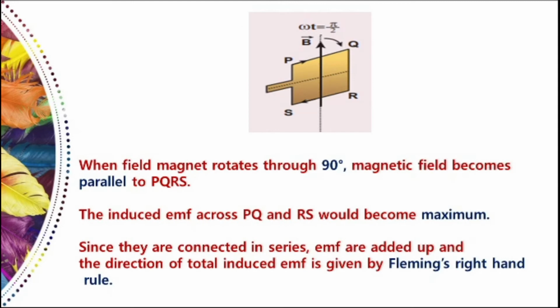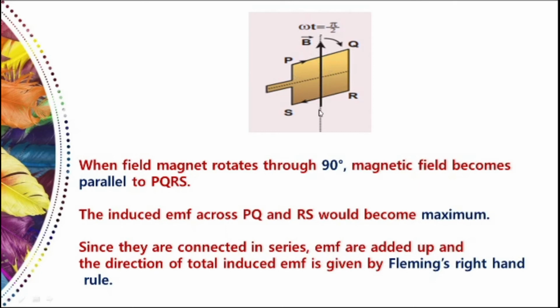Suppose the magnet starts to rotate. The field magnet rotates through now 90 degree. The field B that was here has now come here, rotated by 90 degree. And the magnetic field now comes parallel to PQRS.